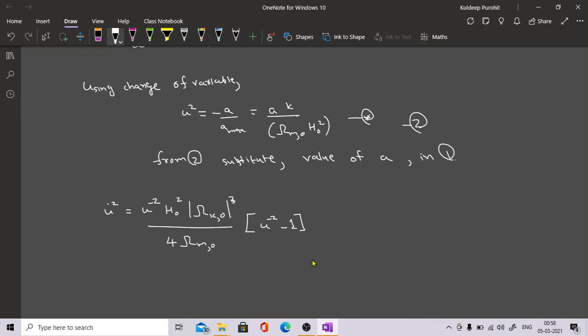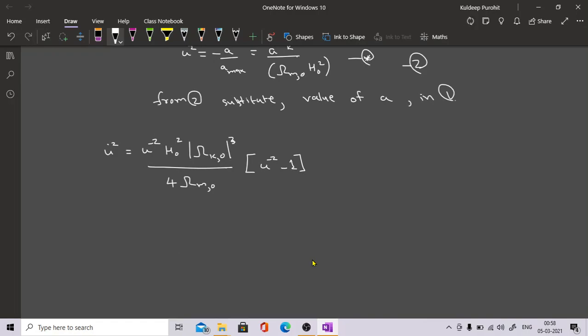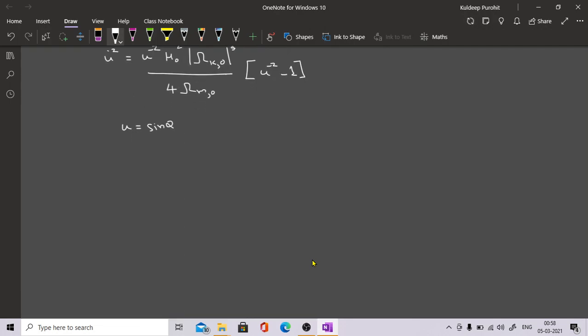This will be the solution, and you can solve this equation using any software, or you can also solve this analytically. If you want to solve this analytically, you have to make the substitution u equal to sine theta. If you do this, you will get the relation between scale factor and time.